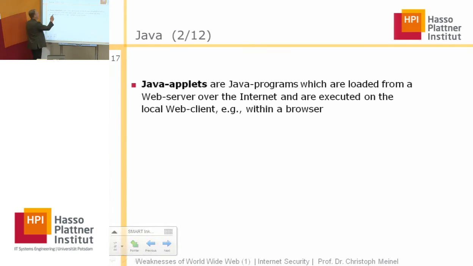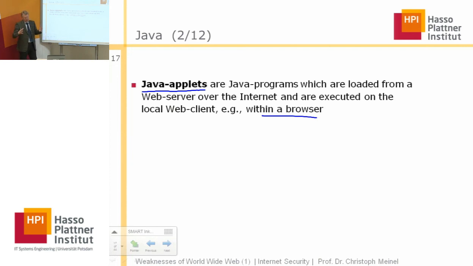The so-called Java applets are Java programs which are loaded from a web server over the internet to the client, and which are executed on the local client. These Java applets are executed within a browser. So this is the idea of such a Java applet.